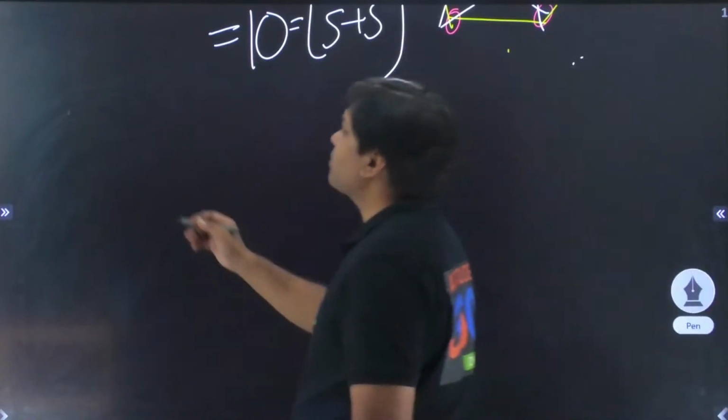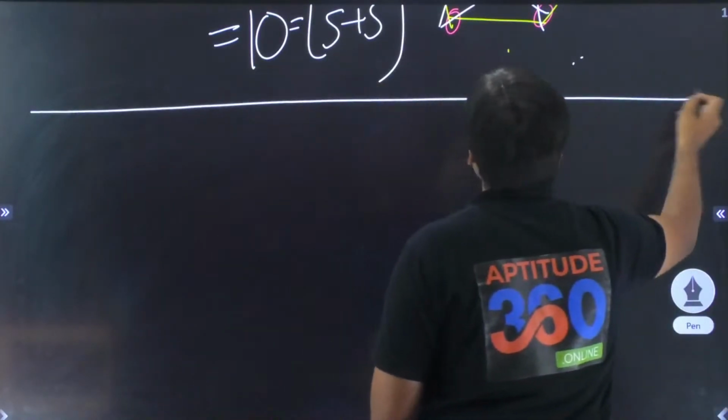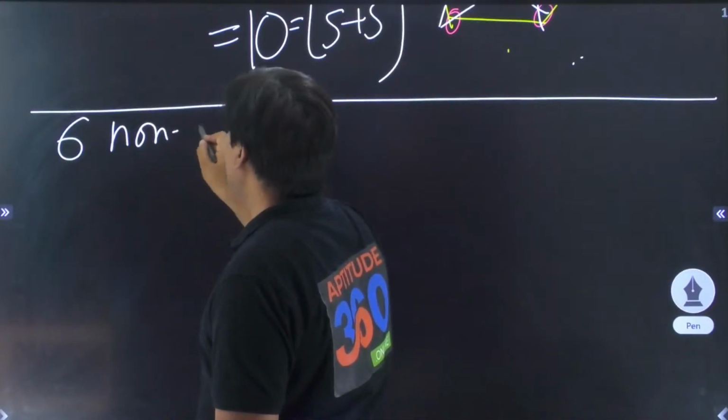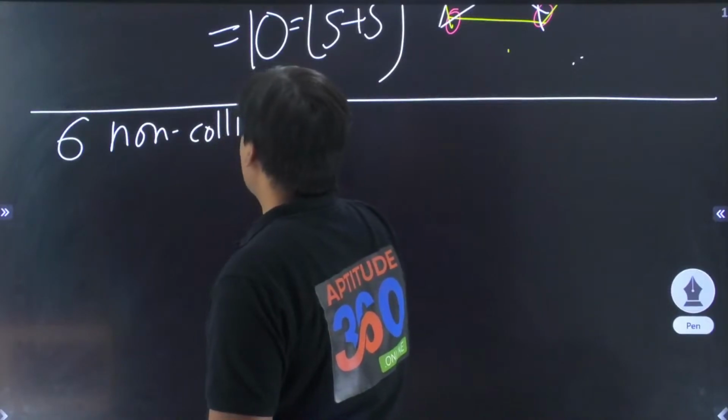What if your problem is something like this? What if your problem is you have got 6 non-collinear points.